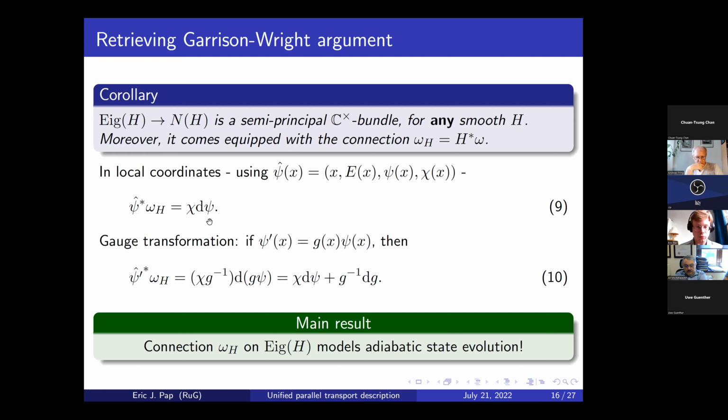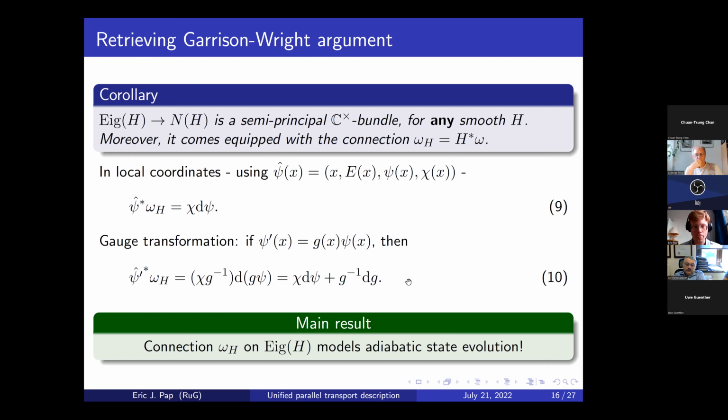And also, we find the right transformation law, if you view this as a gauge theory, because if I now have different local coordinates, which means a different local eigenstate describing the same energy, then these differ by just a rescaling, a position-dependent group element. And so if I do the calculation again, clearly I also get the derivative of the group element, which gives us the usual additional term for an abelian gauge field.